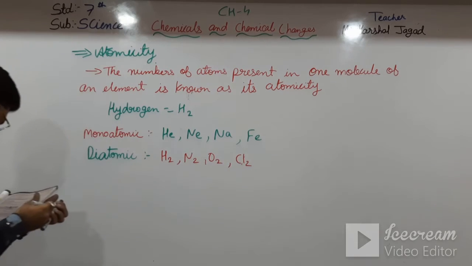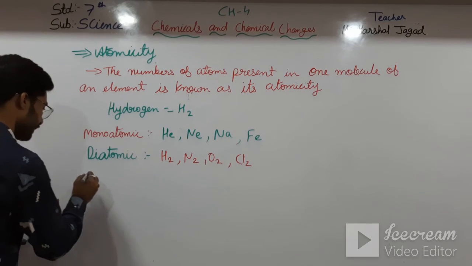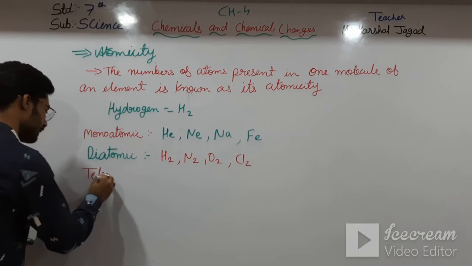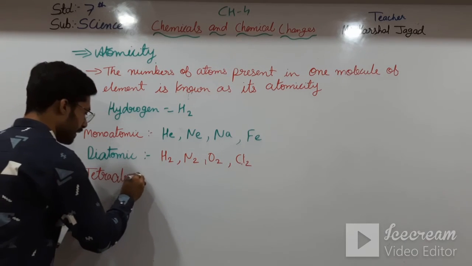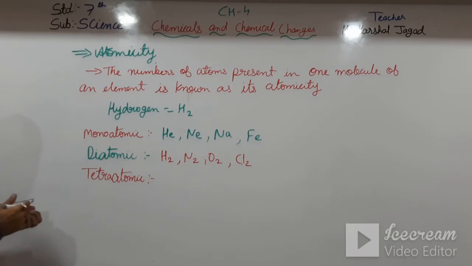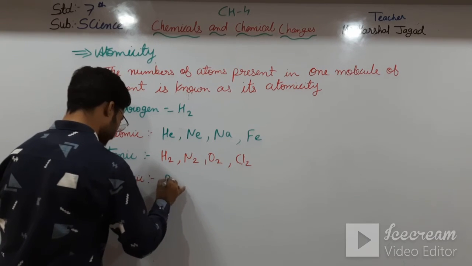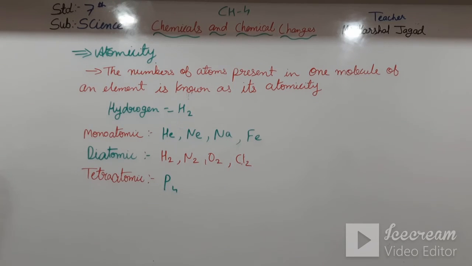Okay, and then coming towards tetraatomic elements. They are phosphorus. A molecule of phosphorus is P4, which is a tetraatomic molecule.